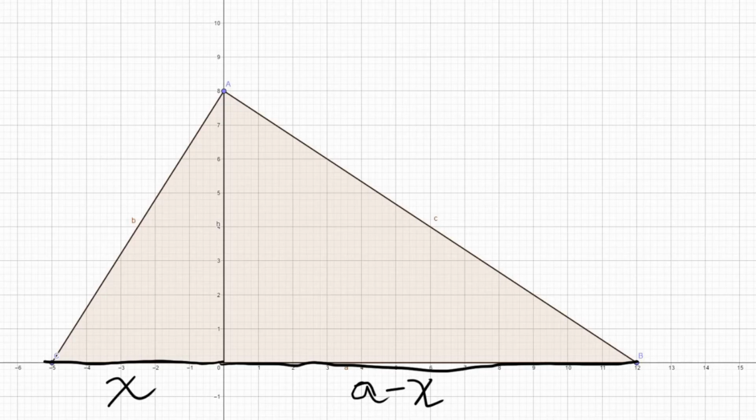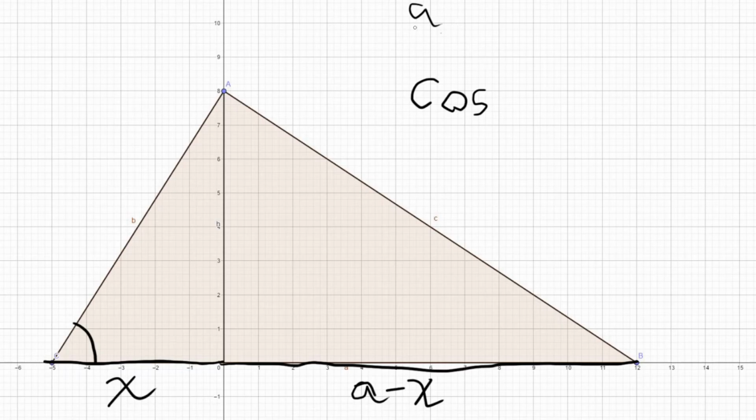What we want to do is use this angle right here to help us find x. So the cosine of c. Cosine is equal to adjacent over hypotenuse.